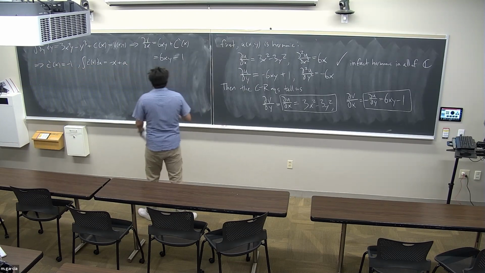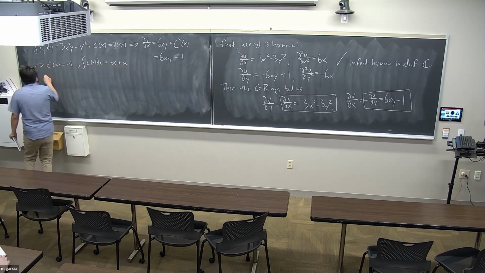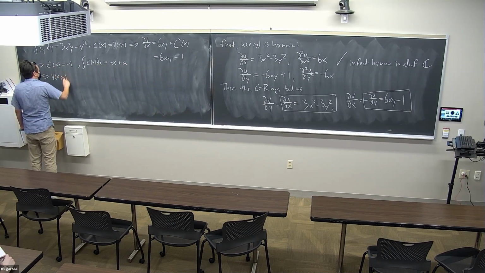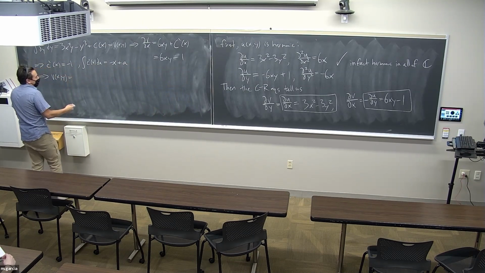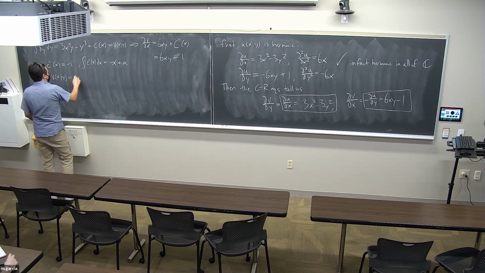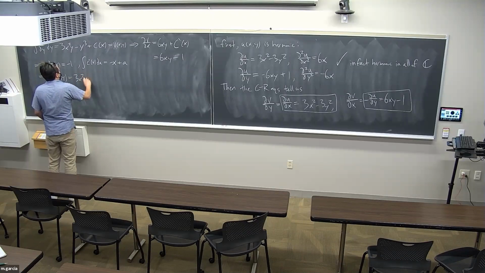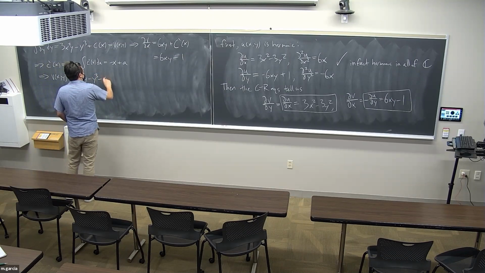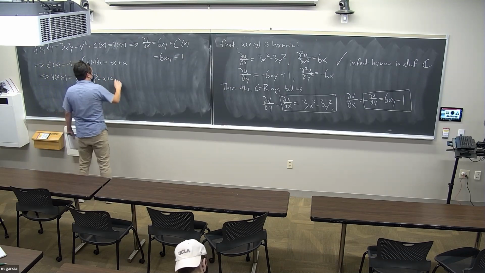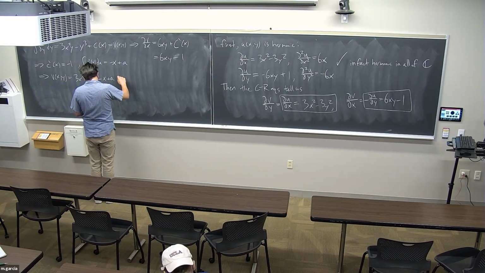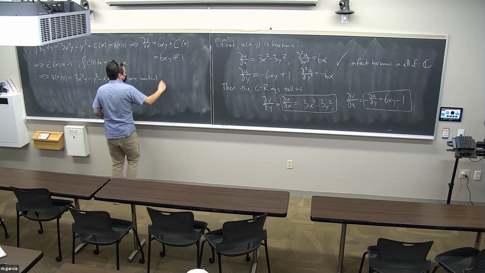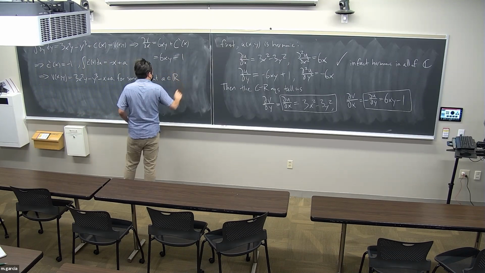Okay, so we can stop here, right? This implies that v of x comma y is some function of the form 3x squared y minus y cubed minus x plus a, or some constant, a real number, right?